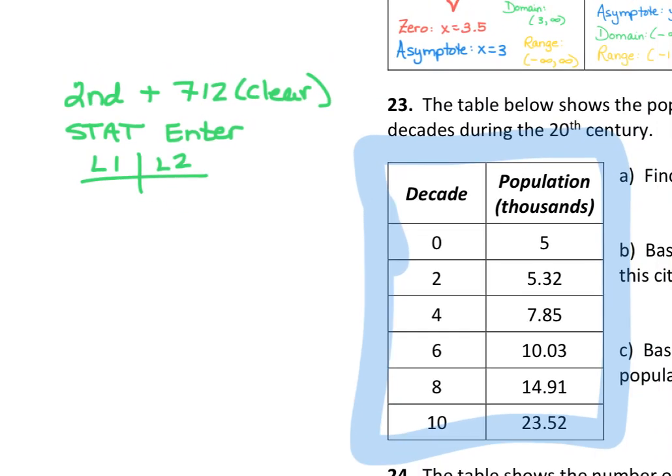Whatever list I give you in the first spot is L1, and whatever list I give you in the second spot is L2. L1 is going to be your X, and L2 is going to be your Y, or L1 is your independent and L2 is your dependent variable.